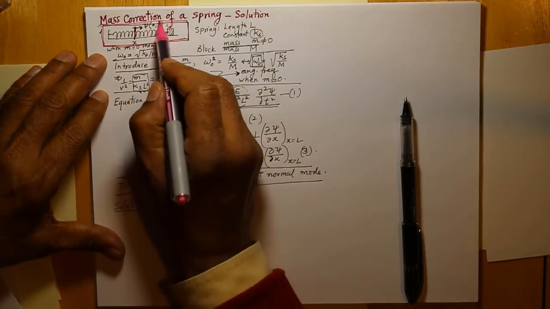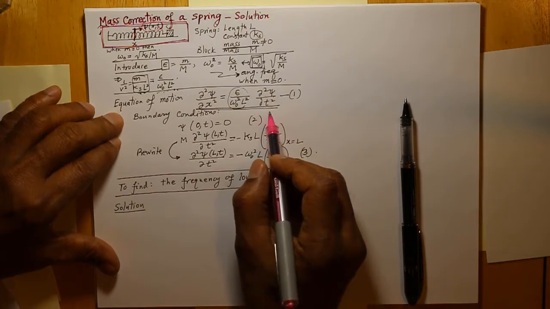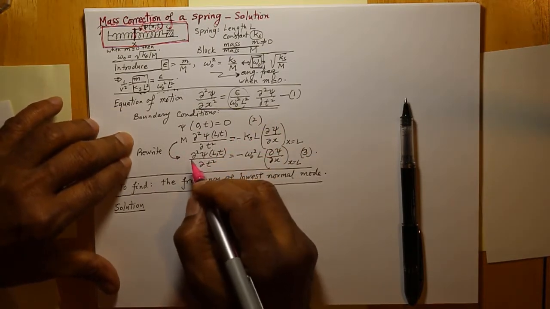Using this variable, we have an equation of motion which turns out to be this. The derivation is in the previous video, or the earlier part of this video.